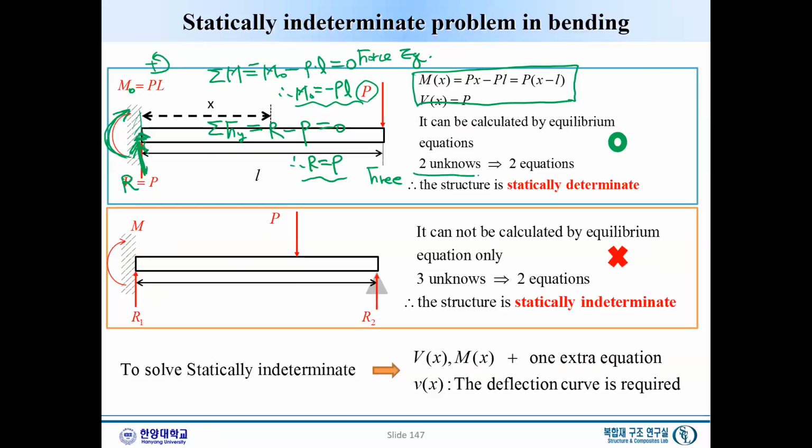So there were two unknowns and two equilibrium equations, and we got these two reaction forces. This is statically determinate. I'm sure we covered this subject in force equilibrium at the very beginning of this course. So next is the statically indeterminate problem.